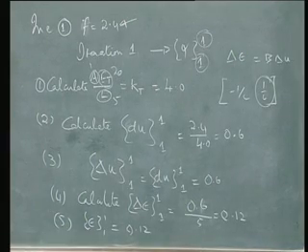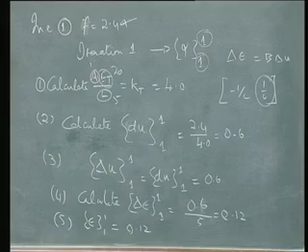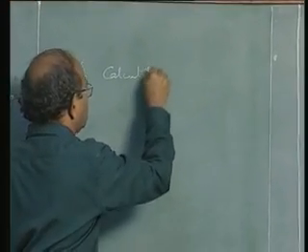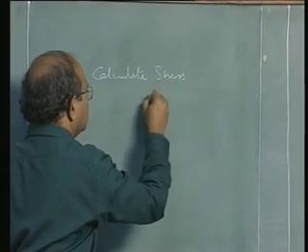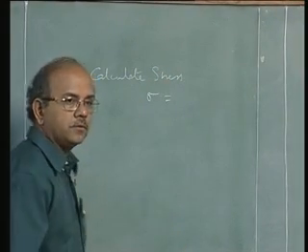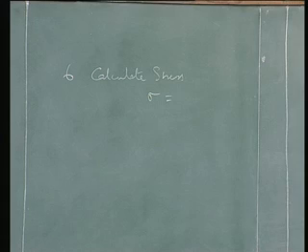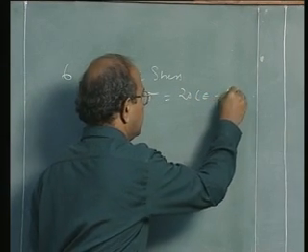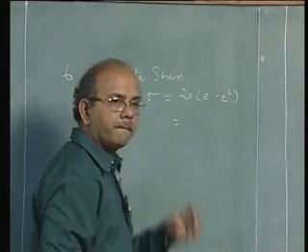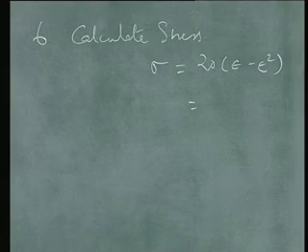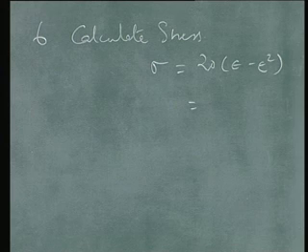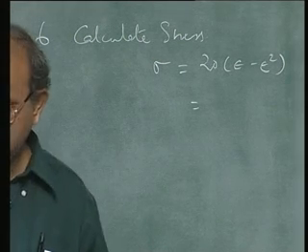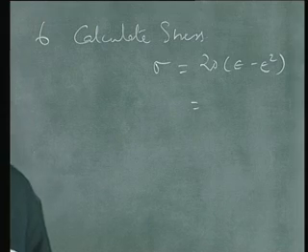So how do I calculate stress? Sigma is equal to 20 into epsilon minus epsilon squared, and that happens to be how much? 2.112.